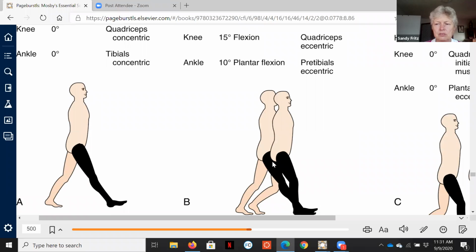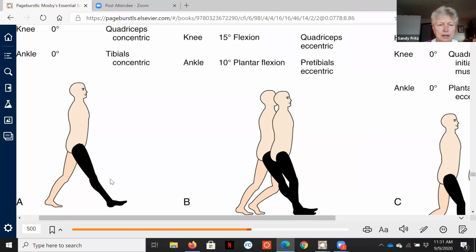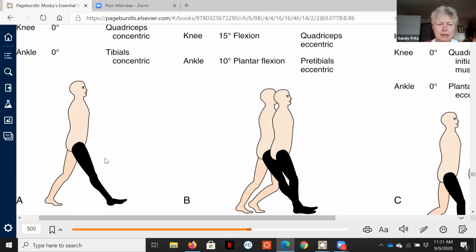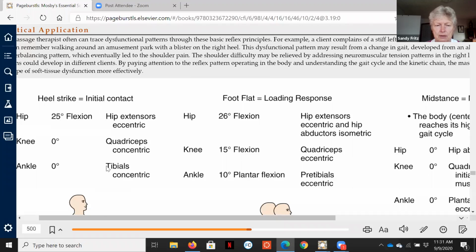You're going to want to have an idea of, okay, when I'm just getting ready to take a step, that's called heel strike, initial contact. It tells you about how much joint movement you need, joint range, and what the muscles are doing here. When we first start, it's hip flexion, not much else.